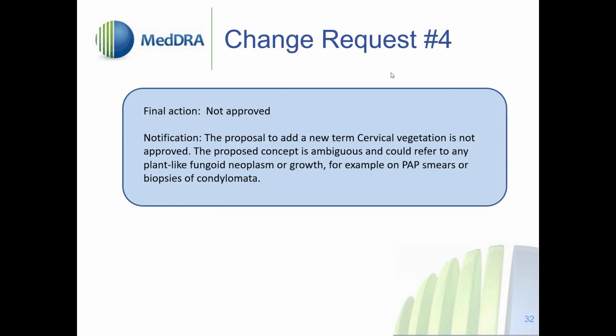Then we have device lead vegetation, meaning the overgrowth with bacterial, and the third example is cardiac valve vegetation. But in the area of the cervix, using vegetation is too dangerous.